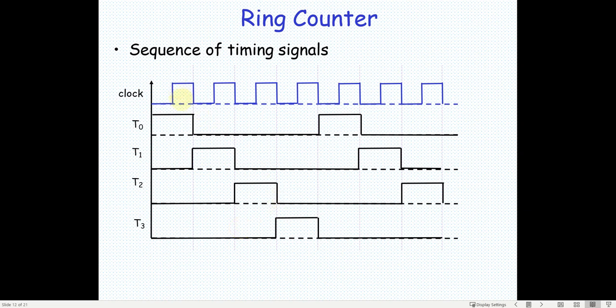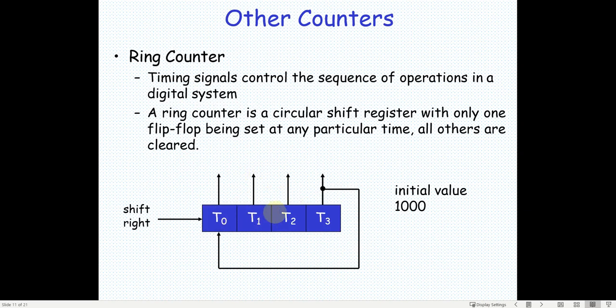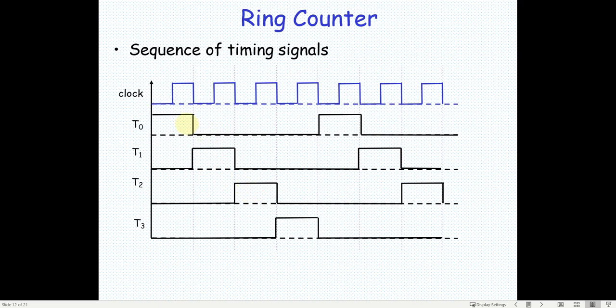Earlier we used four registers, a 4-bit counter. Instead of a 4-bit counter, we are just using a 2-bit counter. With a 2-bit counter, it will generate only 2 signals out here.